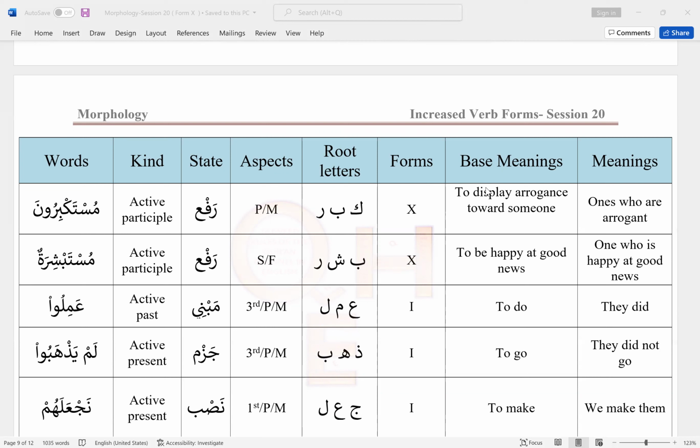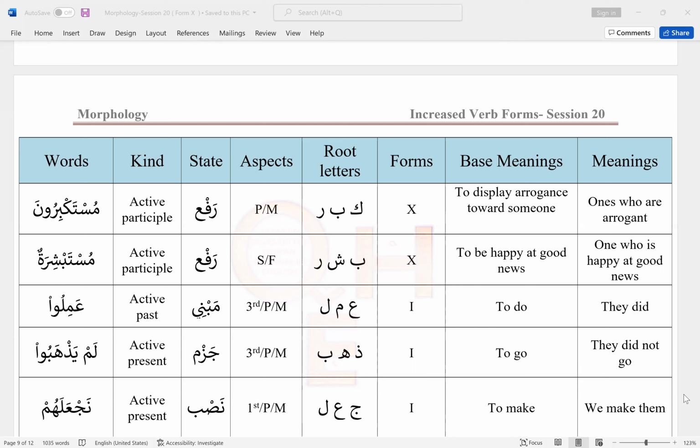And remember, when we go to the dictionary, we will look for Roman letter 10. And we have some form 1 verbs. You can always take a look at the table. I'm not going to go over the details because we have done that in the previous sessions when we did form mujarrad sahih. This document is available in the description section, so you can always take a look at it.